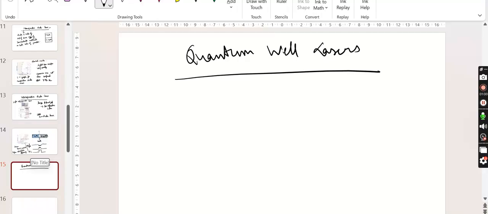Therefore, the thinner the active layer is, the more likely the recombination and the better the laser performance.